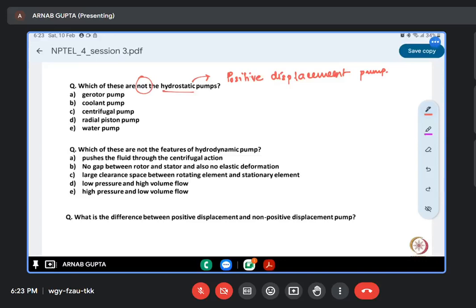Then coolant pump is used in pumping coolants. Generally, centrifugal type pumps are used to pump coolants. So centrifugal pump is a hydrodynamic pump or non-positive displacement pump.